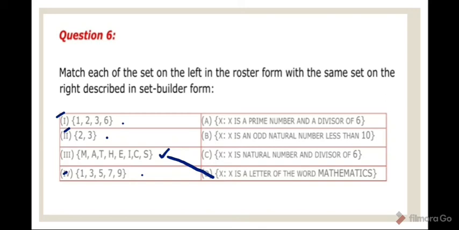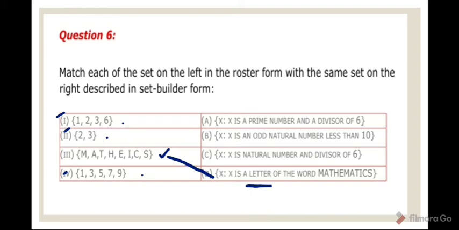For the remaining 3 roster forms, the elements are digits, and only in option 3 the elements are alphabets, and it will be x is a letter of the word mathematics.